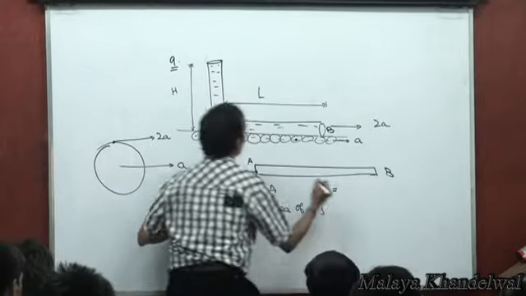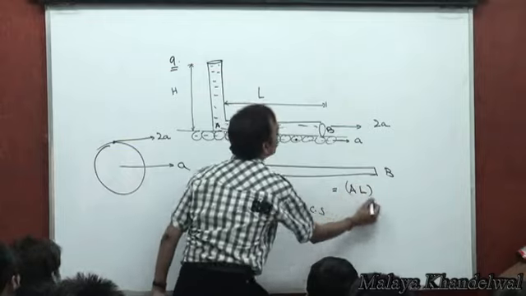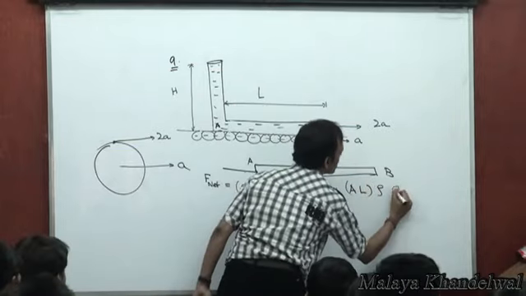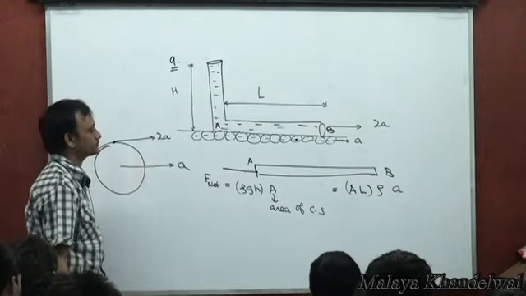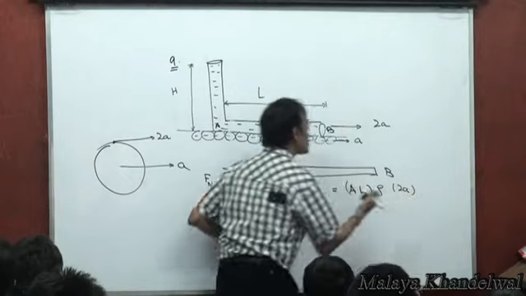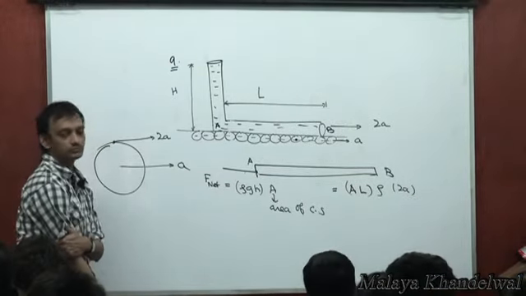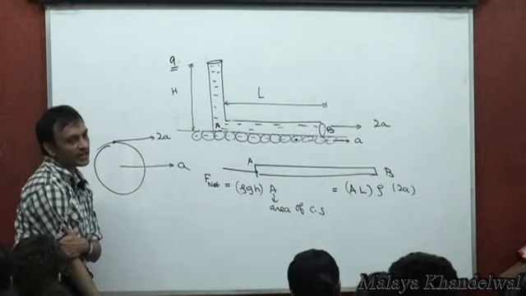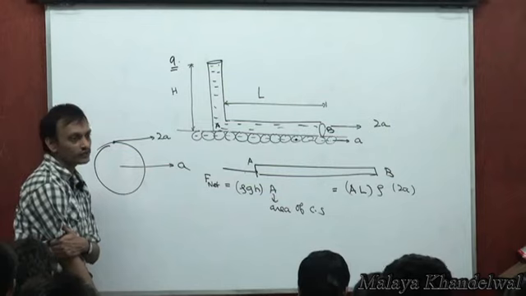So the mass of the liquid column is A into L, the volume, into density, into acceleration 2a, sorry. And so you get the answer. Is it not? Any confusion? No.